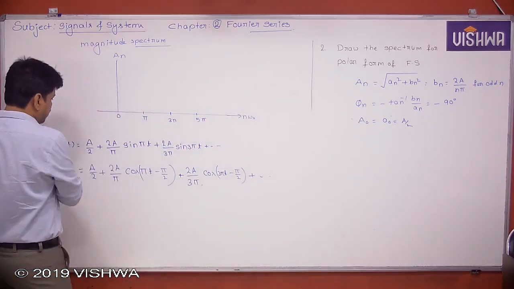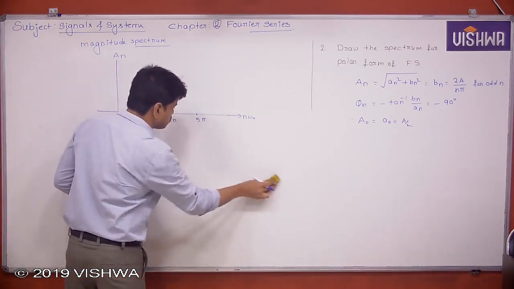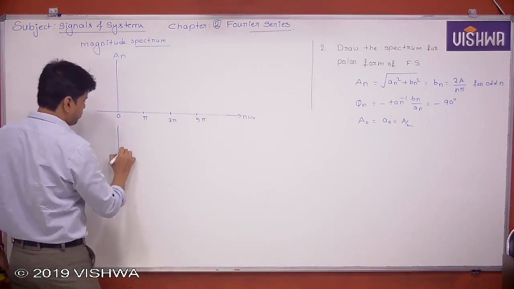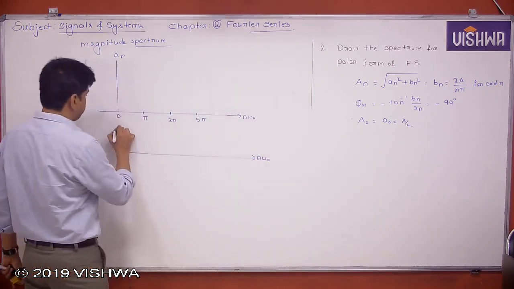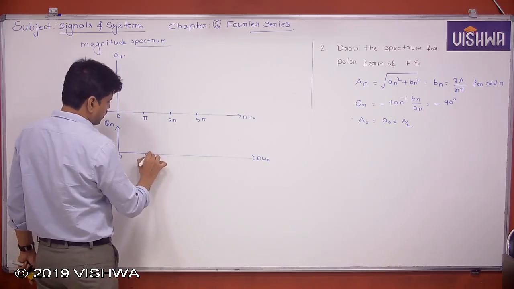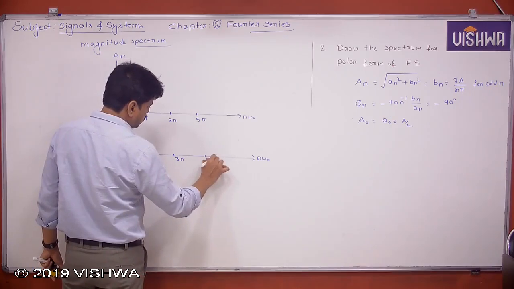In the similar manner, we can go for phase: phi n versus 0, pi, 3 pi, 5 pi, and so on.